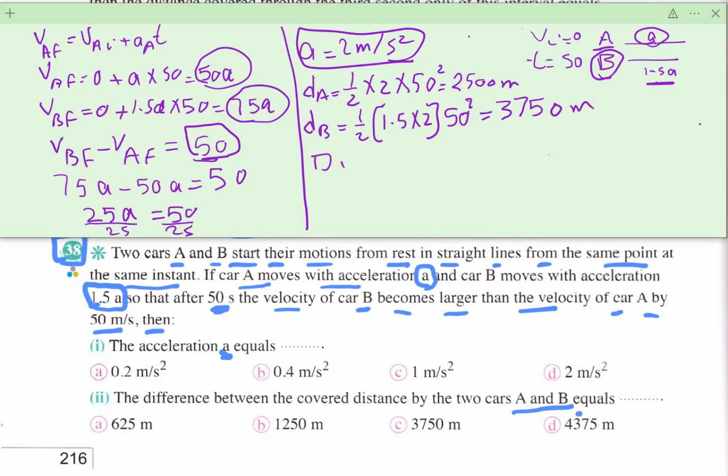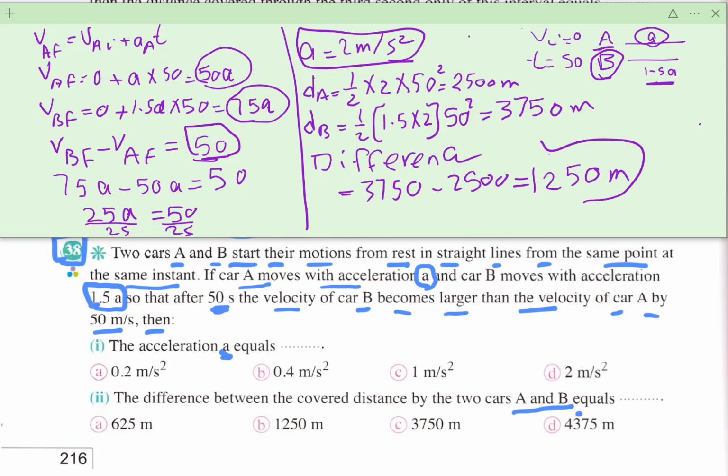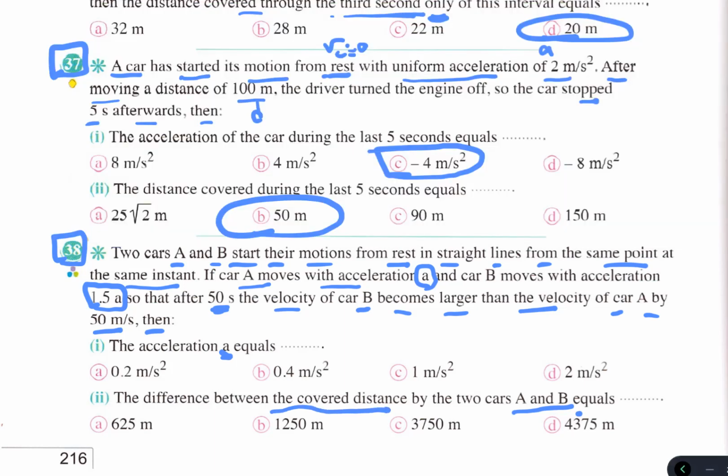So the difference between the distance for both cars is 3,750 minus 2,500 equals 1,250 meters. So we finished it. So we got the acceleration is 2, and the difference between the covered distance is 1,250. I hope you understand that.